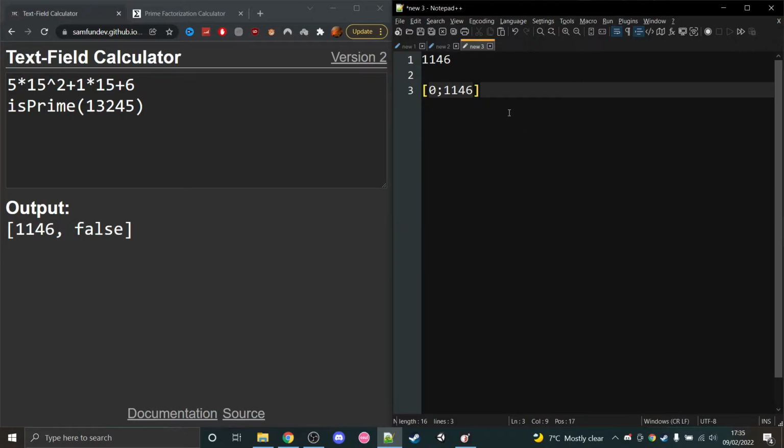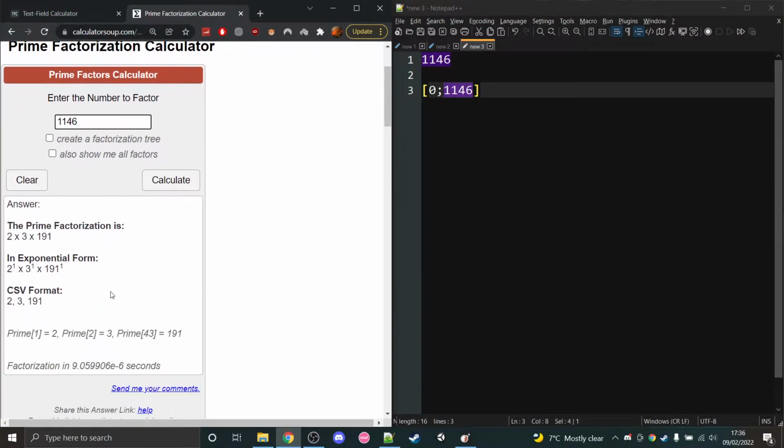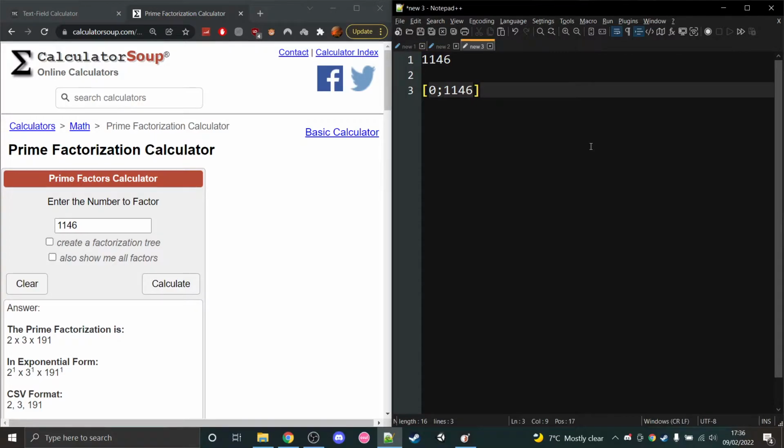With this, we need to take our number 1146, and we're just going to express the number as the product of its prime factors. In this case, we have 2, 3, and 191. What this means is that this node here has 3 children.